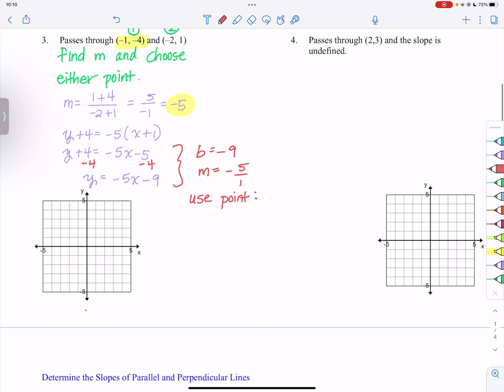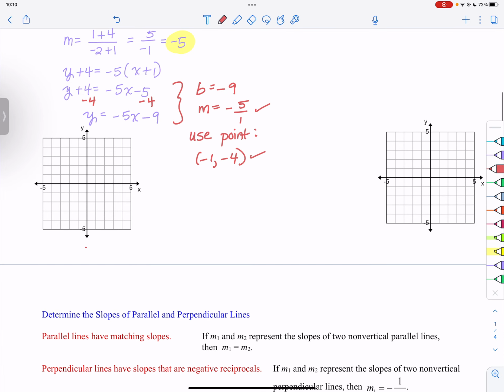And you can use either. Let's use negative 1, negative 4 with this slope. So negative 1, negative 4 is right here. So we can go up 5 and over 1. And we can continue in that fashion.